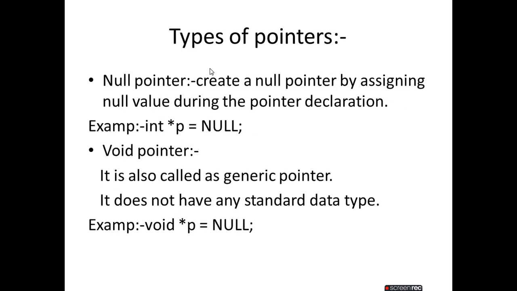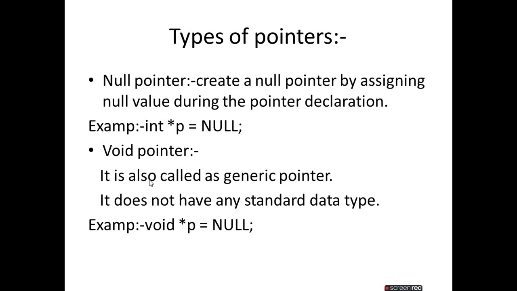Now, what are the types of pointers? First is the null pointer. You create a null pointer by assigning the null value during the pointer declaration. When you declare a pointer, like int *p, and assign the null value, then this pointer p is called a null pointer, because p is assigned the value null.